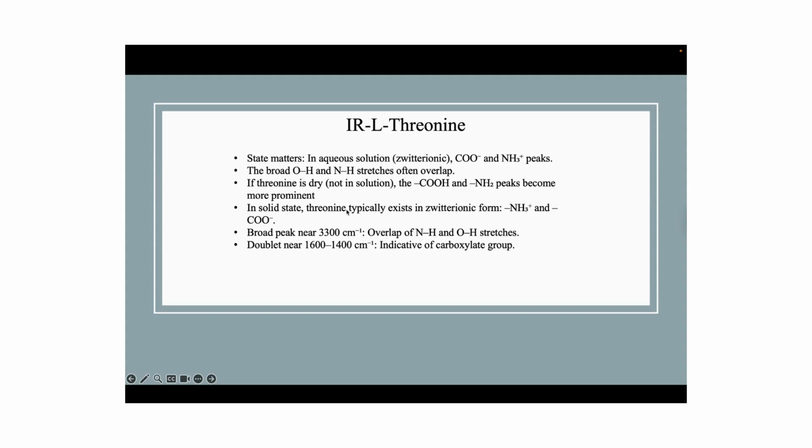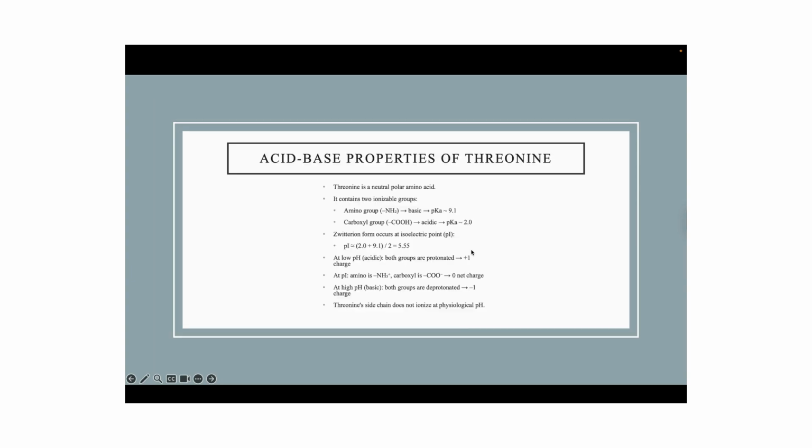In the solid state, threonine typically exists in zwitterionic form, NH3+ and COO-. A broad peak near 3,300 cm-1 overlaps the amine and alcohol stretches, with a double peak near 1600 and 1400 cm-1, indicative of the carboxylate group.